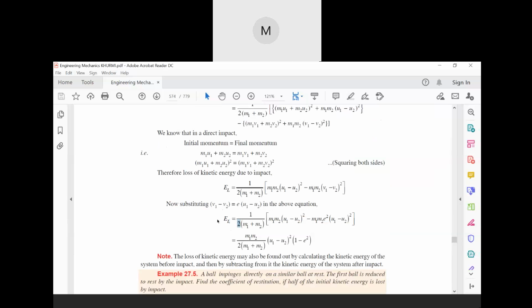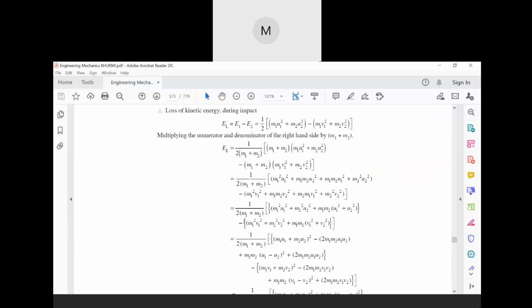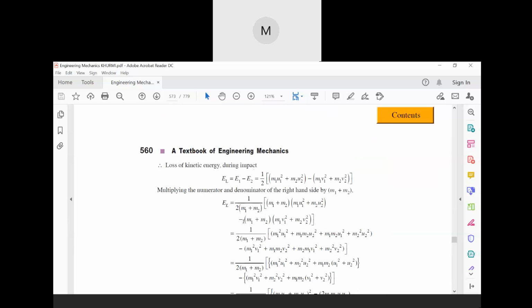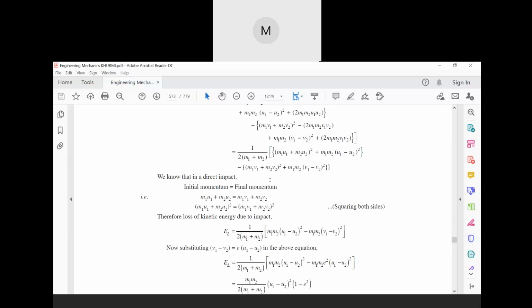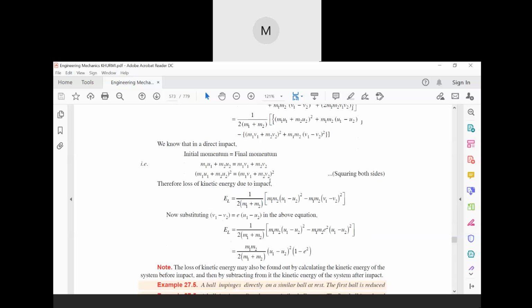So in this way it will be found out. Okay, so this will be the expression. From your point of view, just remember this expression, rest is okay.